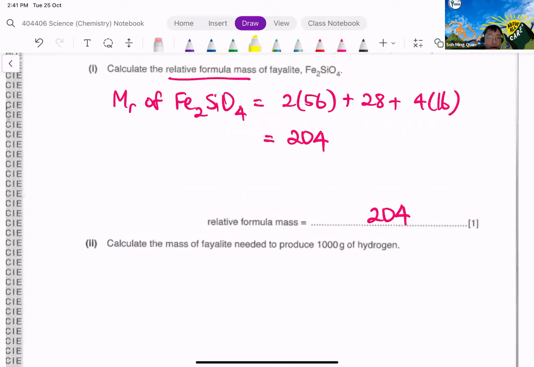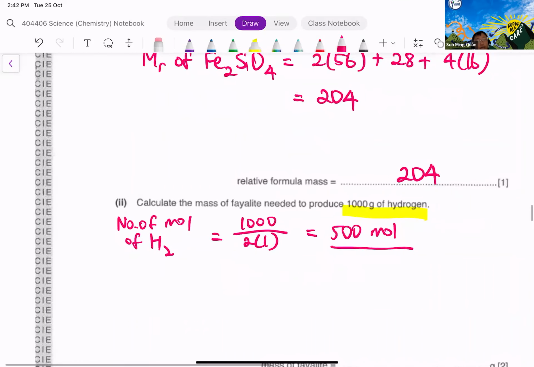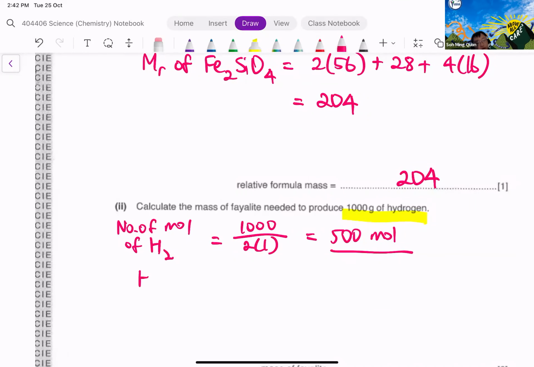Next. So always it is finding Mr, then finding the number of moles. Convert to moles, right? So whenever you do something like that, you must convert to moles. The 1,000 grams of hydrogen: the number of moles of H2 is 1,000 divided by 2 times 1, which gives you 500 moles. All right. Then you use the mole ratio. In this case, you need the mole ratio of H2 to fayalite, Fe2SiO4.